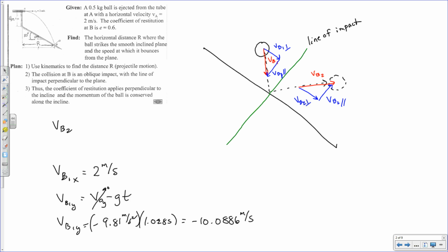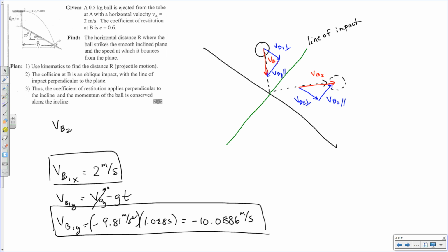Okay, we now have the x and y components of the object's velocity as it approaches B. The problem is we're dealing with an inclined plane now. So we need to factor in the angle of the incline as it relates to the x and y directions for this ball.